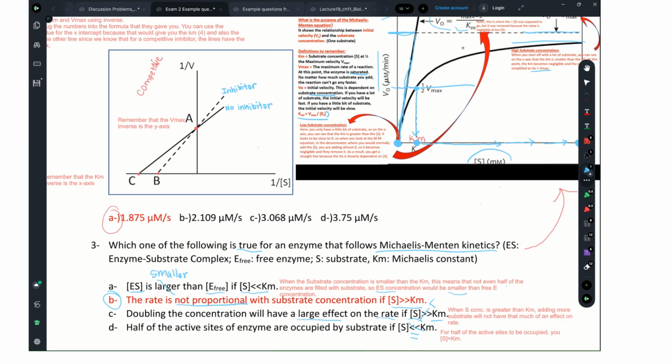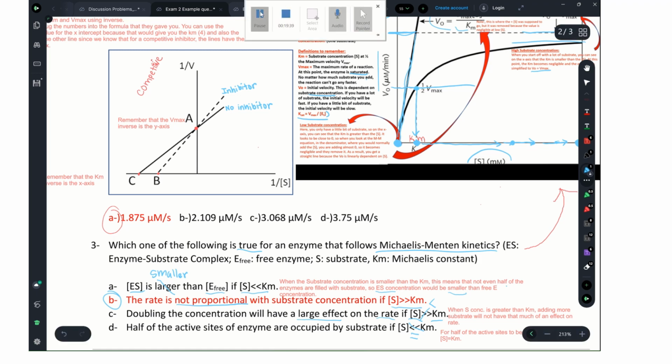But once you pass the Km value, like let's say you're over here, at that point, the rate is not proportional with substrate concentration because you can add more and more substrate, and this has less and less of an effect on the velocity because the enzymes are already getting full. The enzyme binding sites are getting full.